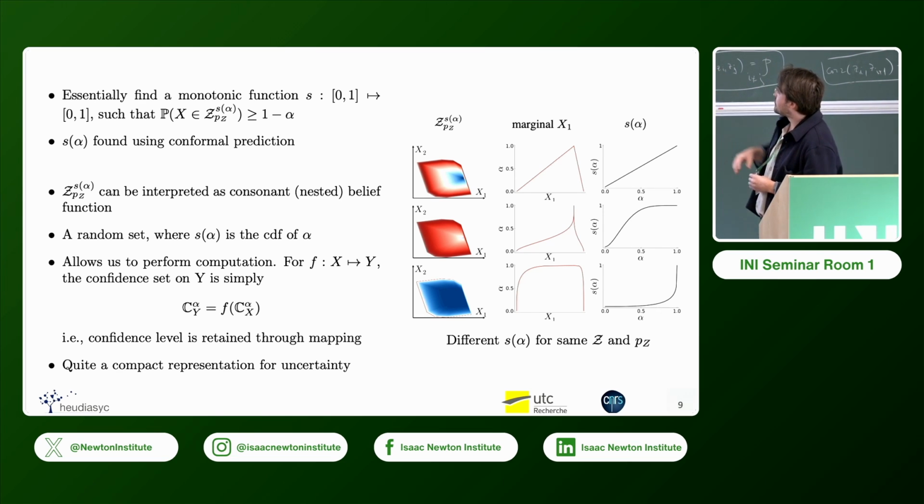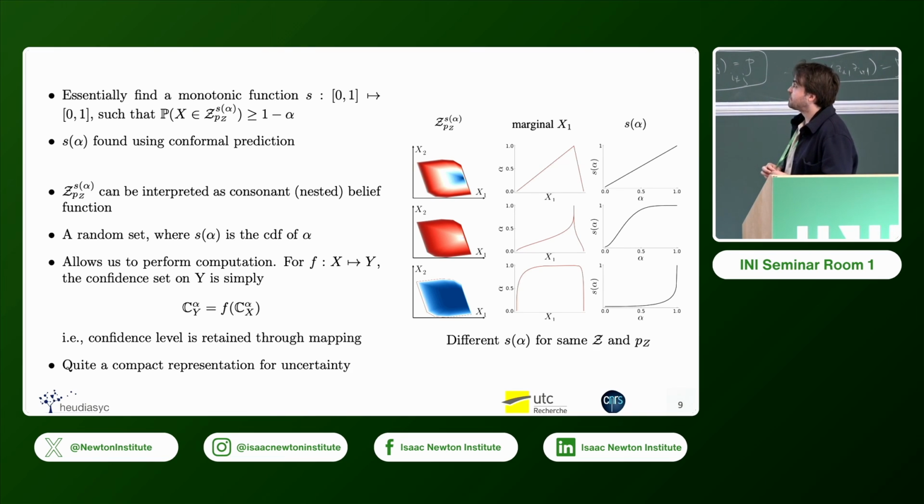On the right here are three families of sets with the same zonotope and the same pz, but all I do is change this monotonic function, and you can get quite dramatically different results. So the task is to find this CDF S.